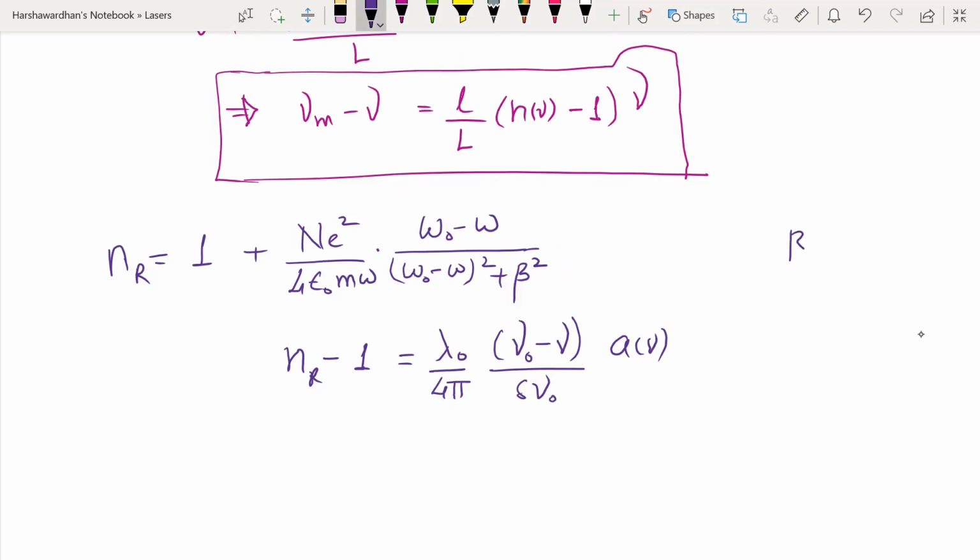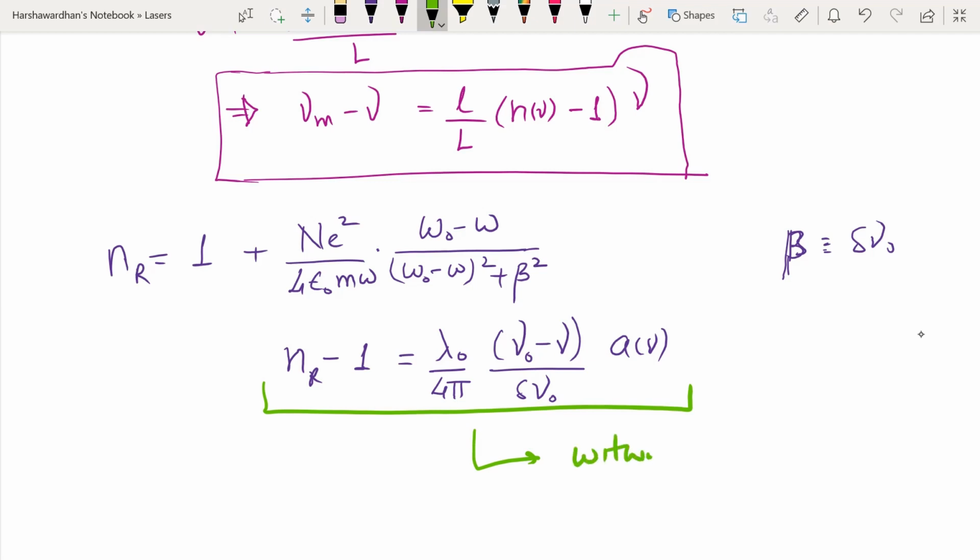My betas are related to delta nu naught. So with this expression, you can see that around the resonance, right, our dn over d omega is negative, right? So we are well within the anomalous region. That is our region of interest.